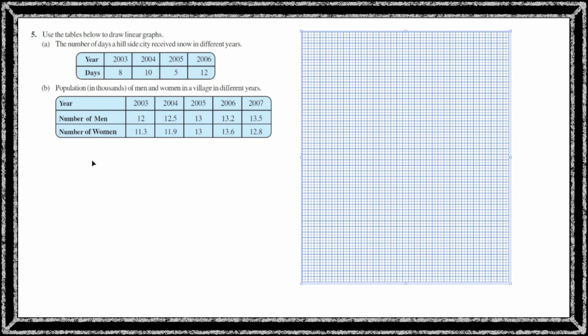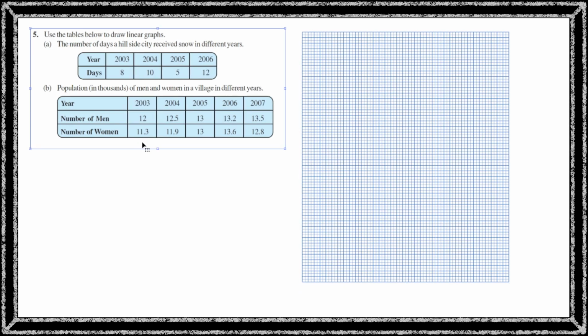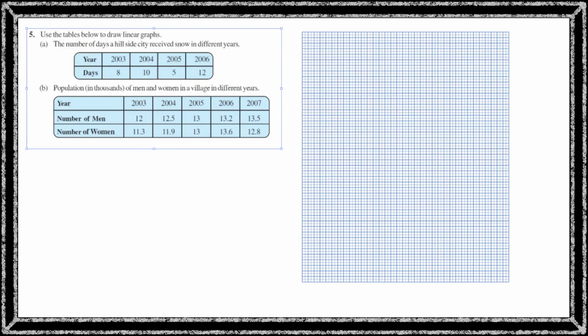So here, while deciding the scale, the x-axis is very easy: 1 unit you will take as 1 year, and I have 2003 to 2007, so that's not an issue. If you look at the y-axis data, the least is 11.3, so you'll have to take from 11 to 13.5, so 11 to 14, let us say.